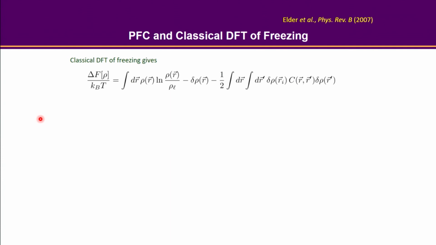You can refer to more details from Ken Elder's paper published in 2007. As we just described last week, the classical density functional theory would have two terms. One is from the ideal gas term, and the other is from the interaction.